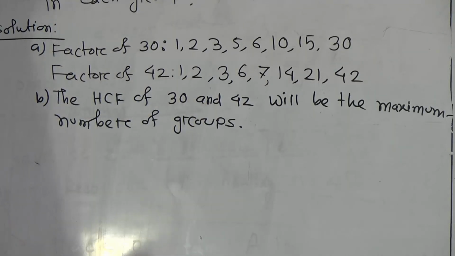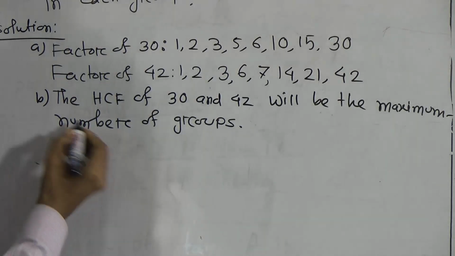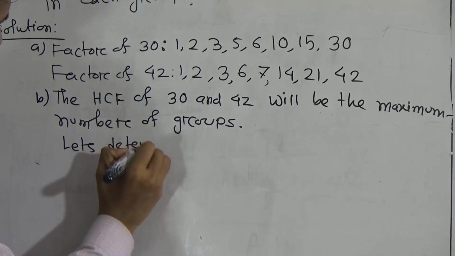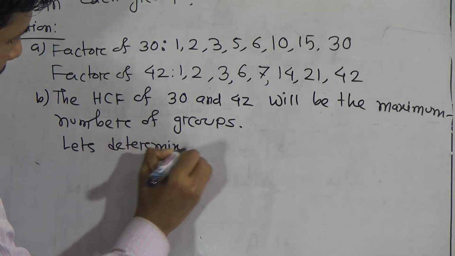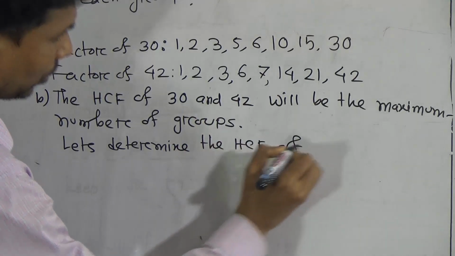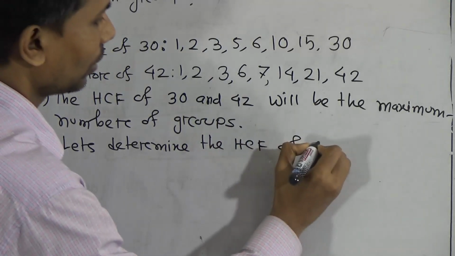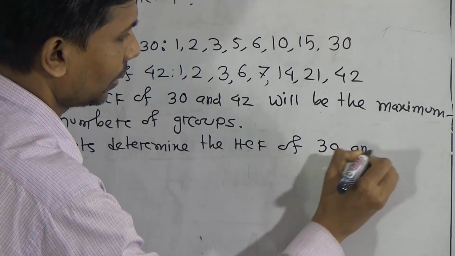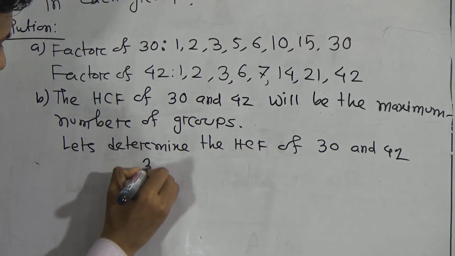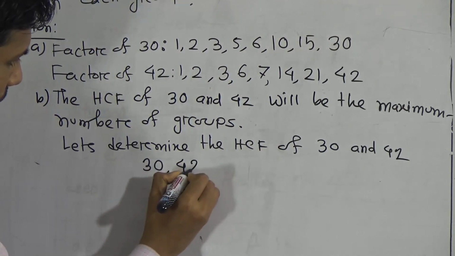Now I will determine the HCF of 30 and 42. Look, 30 then 42.